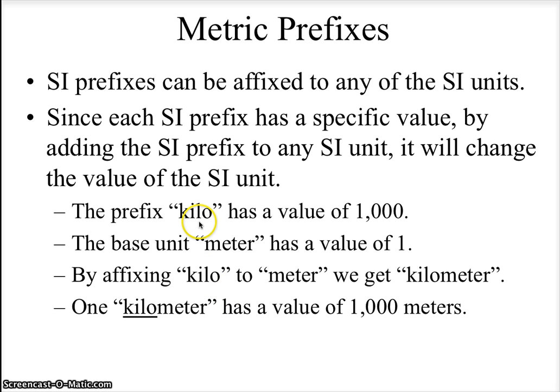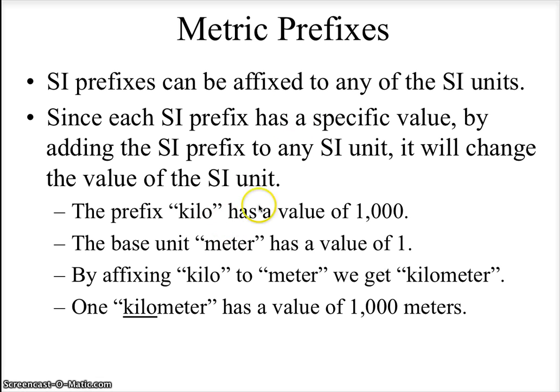I'm sure in a lot of popular movies you have heard the word kilo. The word kilo is essentially a synonym for 1,000. So kilo and 1,000 are the same thing. If I were to say a kilo of something, I mean 1,000 units of that one thing.